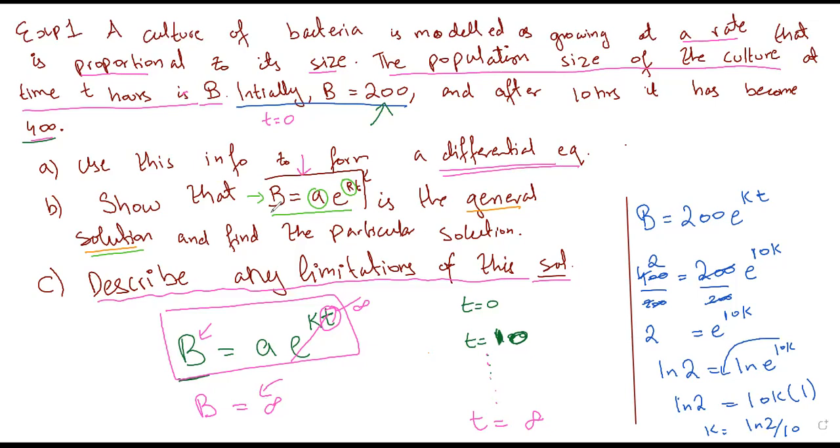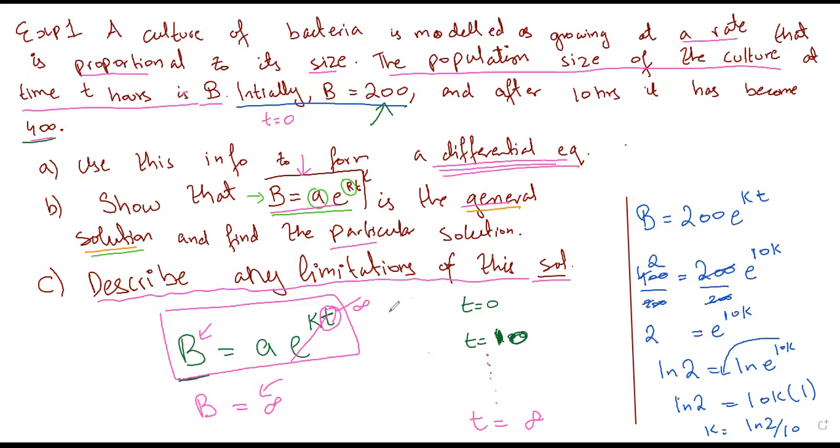But if you have been given the solution, you know how you can prove it, right? By taking the derivative with respect to time on both sides, and after substitution, you will end up getting the differential equation which we initially had. And what was the difference between general and particular solution? In the general solution, we have constants, and in the particular solution, we find the value of those constants, right?